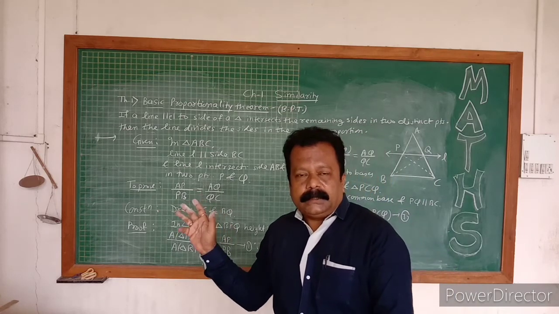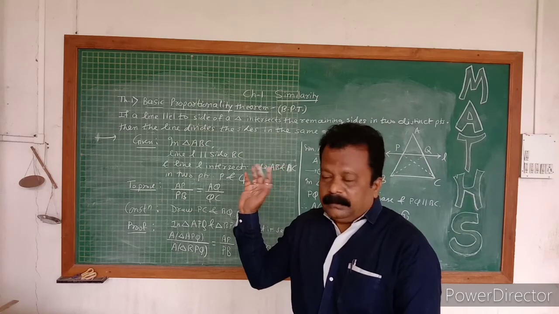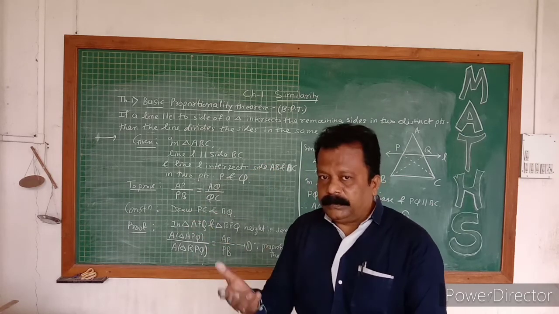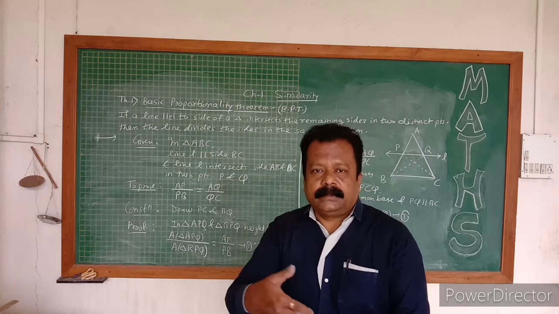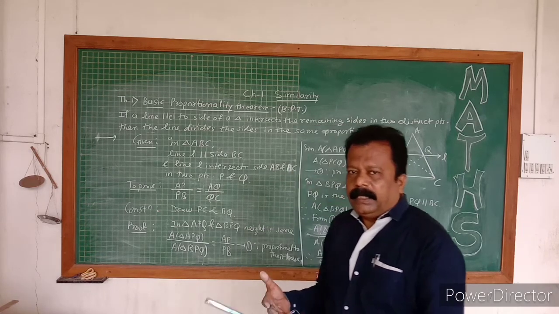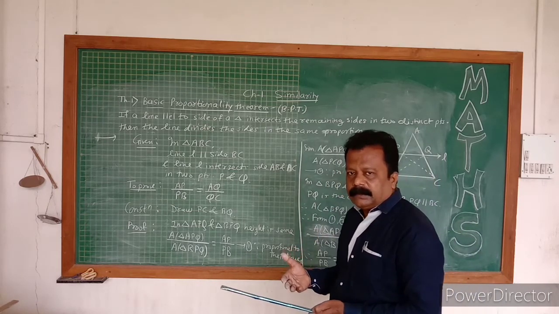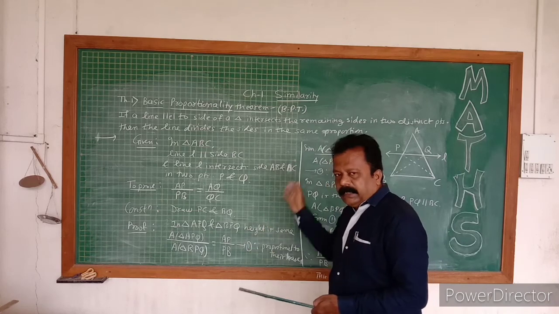If you understand the statement and, according to that statement, construct the figure and the mathematical statement, and use basic knowledge, properties of triangles, property number 1, 2, 3, 4, and other basic knowledge we studied before in standard 7, 8, 9, then you can get this.